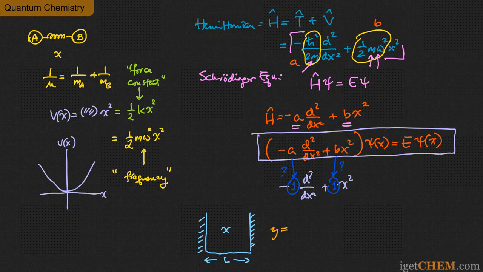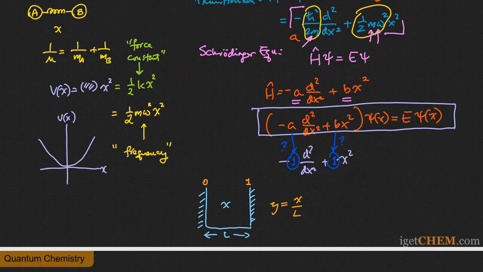So we define a transformation of coordinate from x to y such that y is x divided by L. Because L is the length, and x is the actual position within this box, x divided by L would be anywhere between 0 and 1. And so the transformation of x to y makes the problem a little easier to deal with.